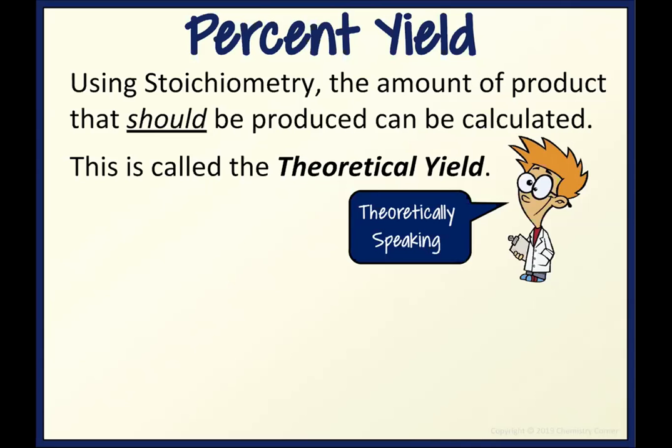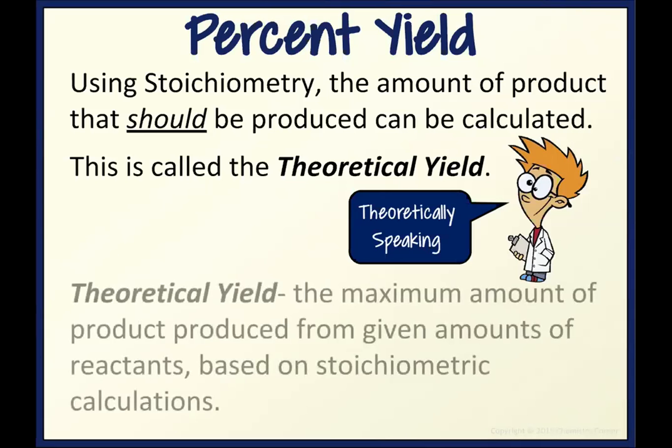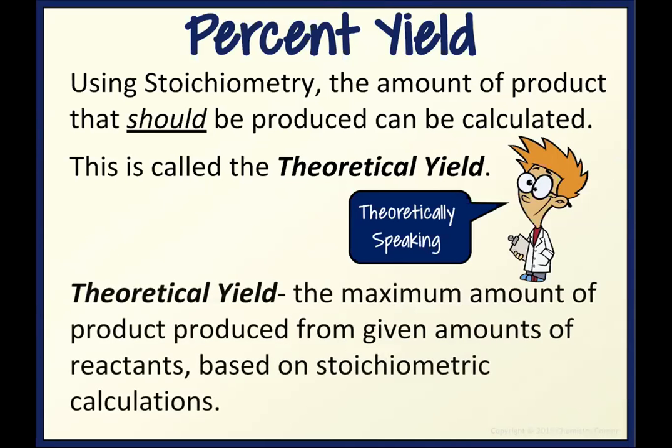That's what we've been doing. This is called the theoretical yield. It's what we should get if everything is perfect. Theoretically speaking, that's what we should get. So theoretical yield is the maximum amount of product produced from given amounts of reactants based on stoichiometric calculations.